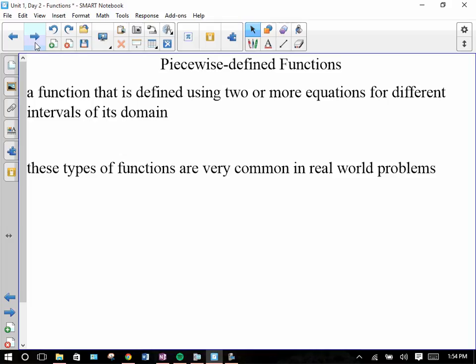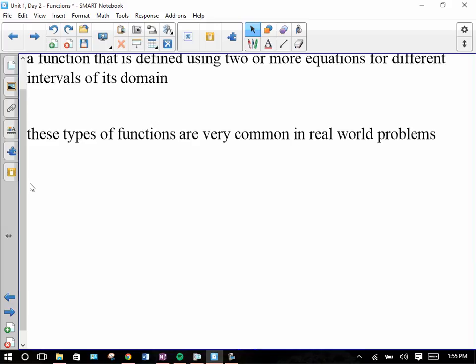So, let me explain what this means. A lot of times what you're going to have for a piecewise function is this. You're going to have like f of x.